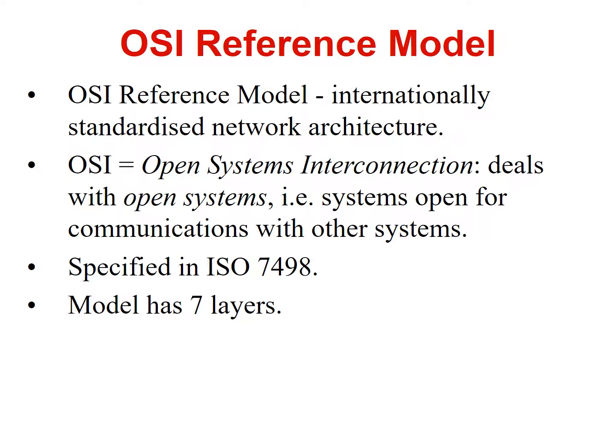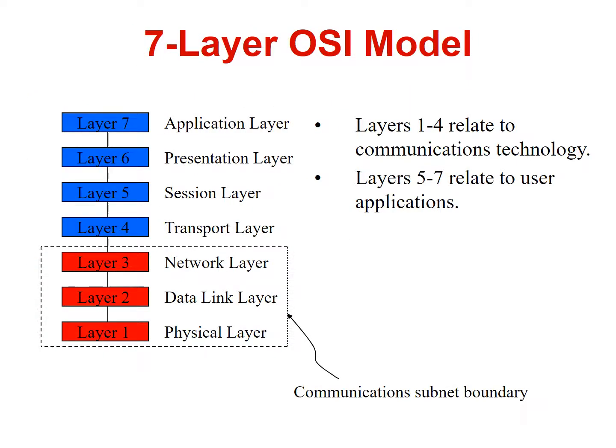The model for the OSI layers has about 7 layers, which we'll be looking into now. From the first layer, we have the physical layer, the data link layer, which is the second, the third, which is the network layer, which is sometimes called the Cisco layer.